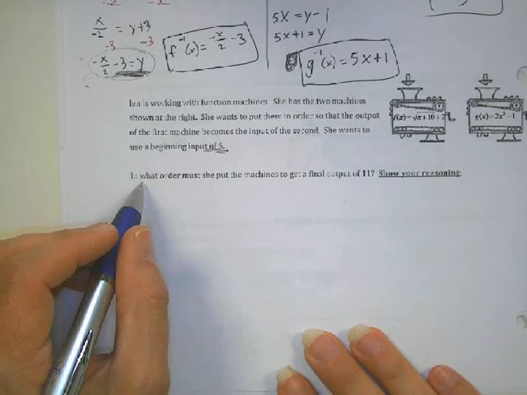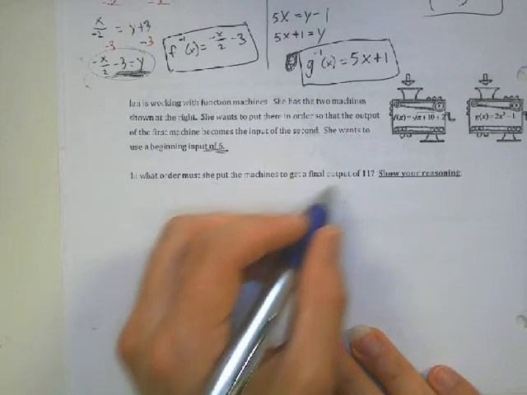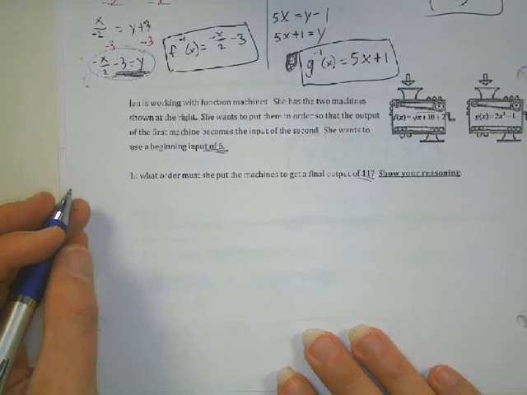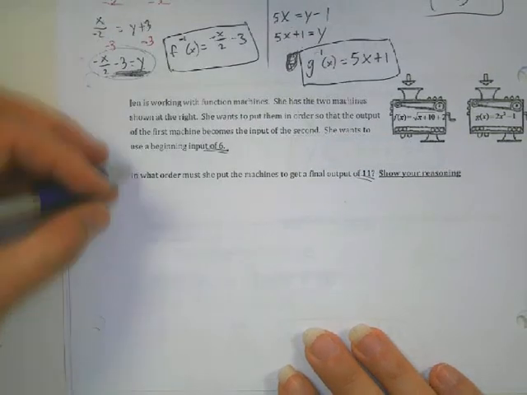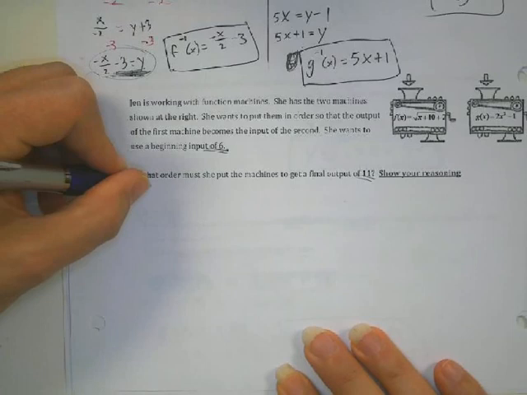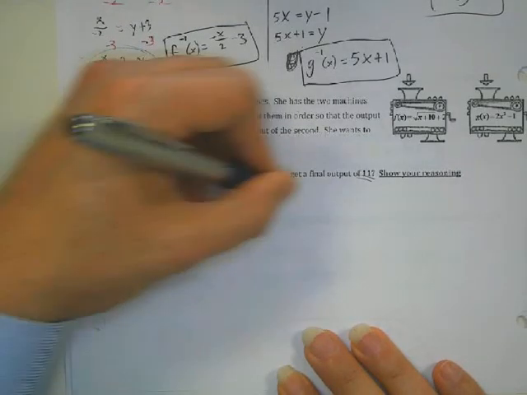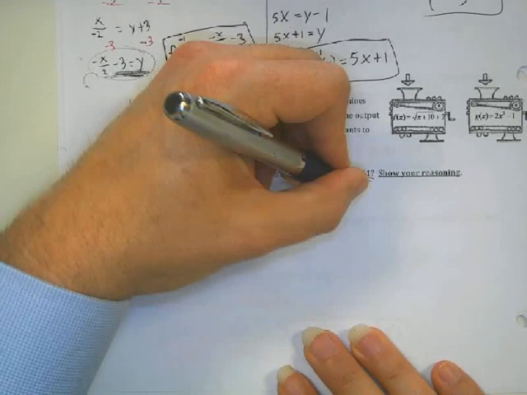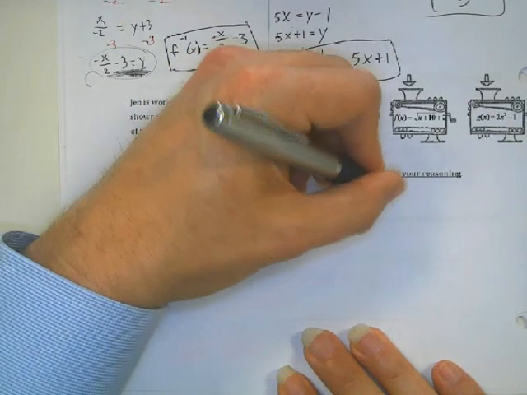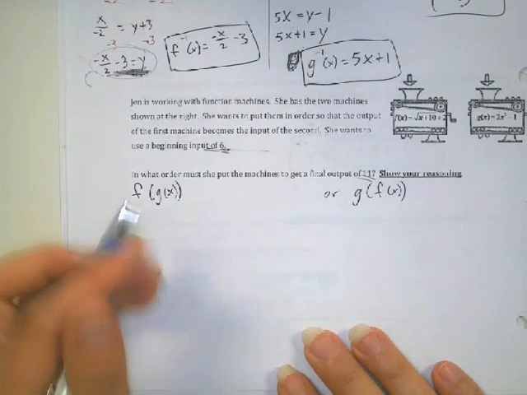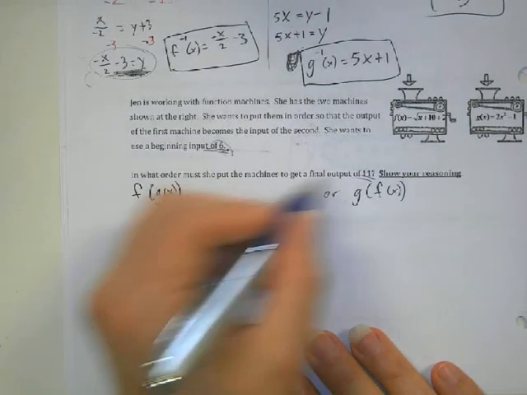In what order does she need to put them in order for the final output to be 11? Okay, so it's either f of g of x, or it's going to be g of f of x. Okay, and the input is going to be 6, and the output should be 11.